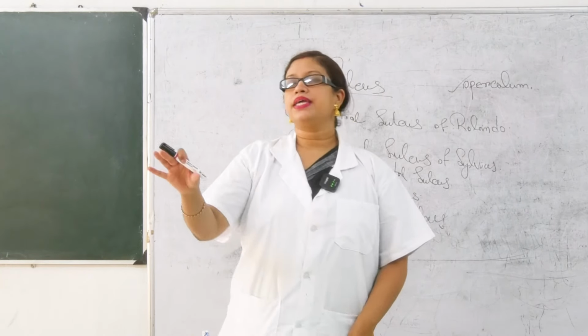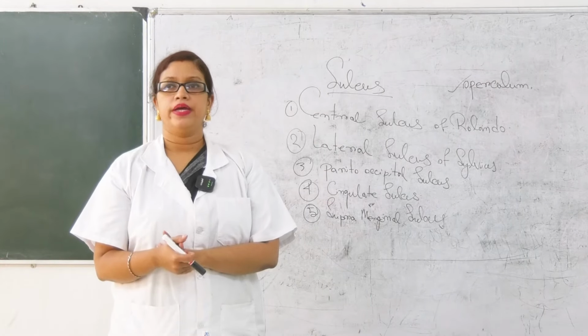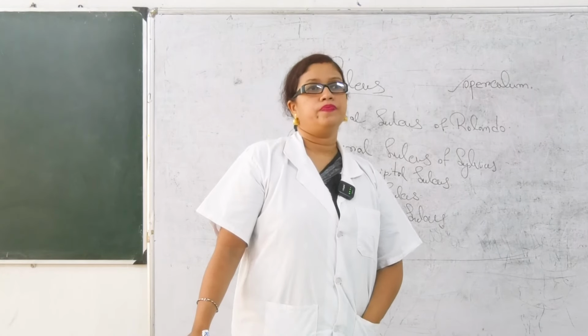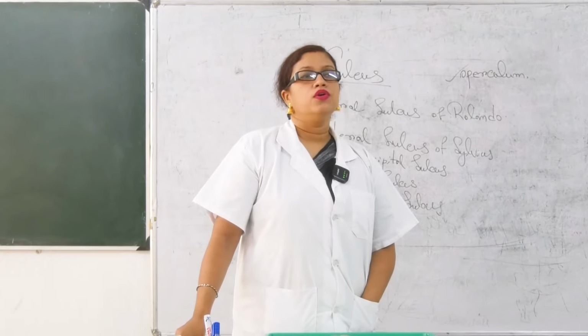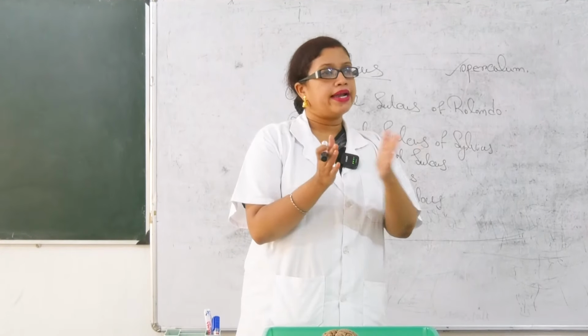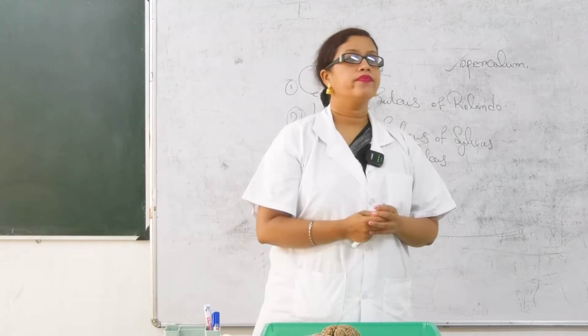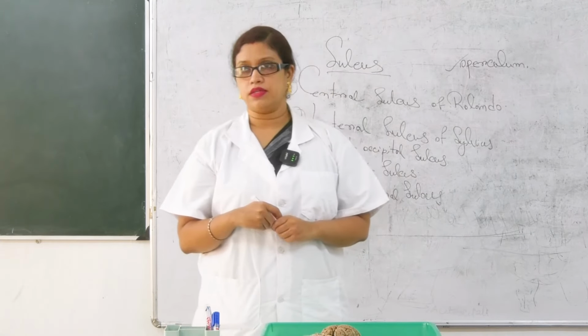Now write it down: relation of the anterior limb of the internal capsule. Medial to the anterior limb, what will be there? The head of the caudate nucleus.